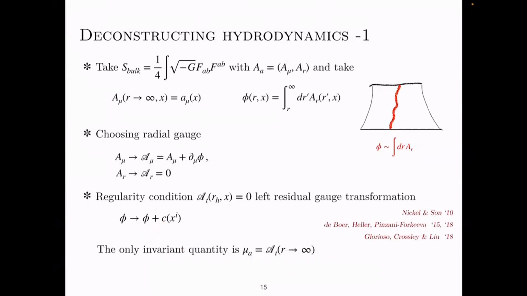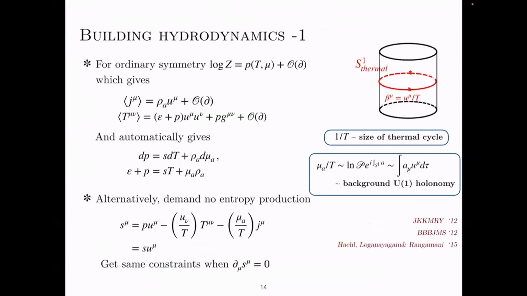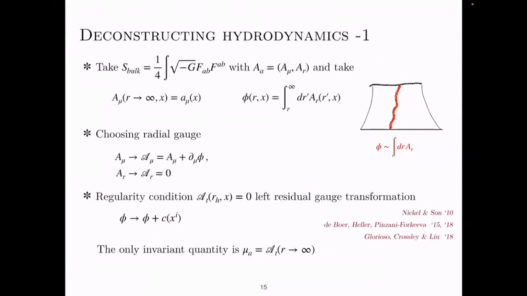So this is basically the holographic argument for why at 0 derivative this theory can only depend on the chemical potential. If you break the residual gauge transformation completely in the bulk, like when you have a holographic superconductor, then you're allowed to have something else, and the hydrodynamic relation will change into the superfluid one.